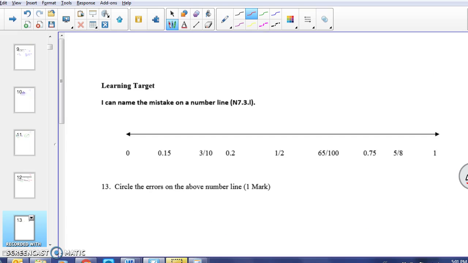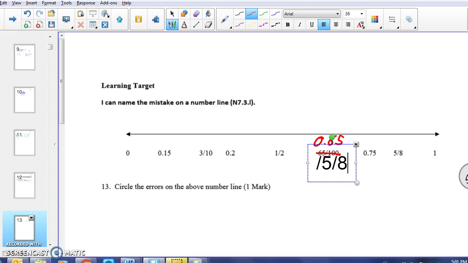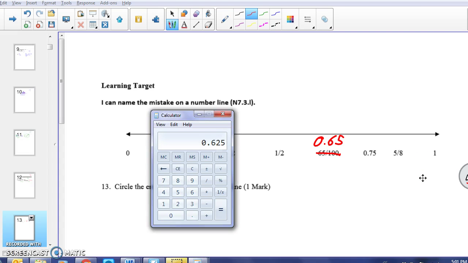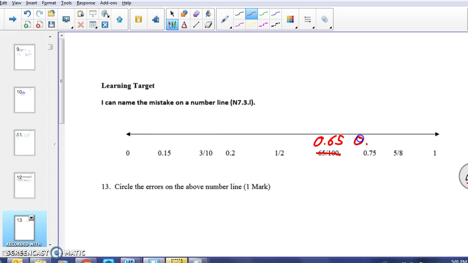Name the mistake on the number line, so circle all the ones that are incorrect. I'm going to start off by translating them all into decimals. So I have 0.65 here. 5/8 is 0.625. Oh, and I wrote it in the wrong spot.